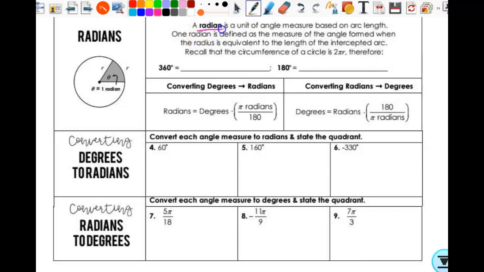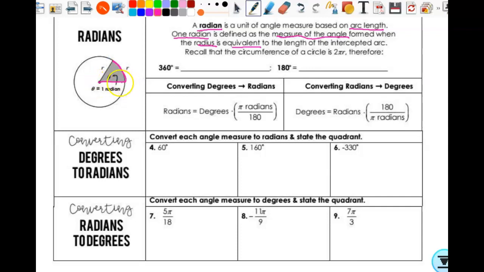So a radian is a unit of angle measure based on arc length. 1 radian is defined as the measure of the angle formed when the radius is equivalent to the length of the intercepted arc. So that means this is my radius. If I take that, just like I took that number line, and I bend it around here, that's 1 radian.